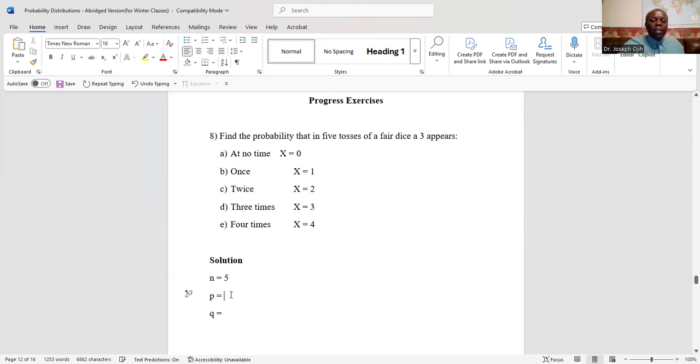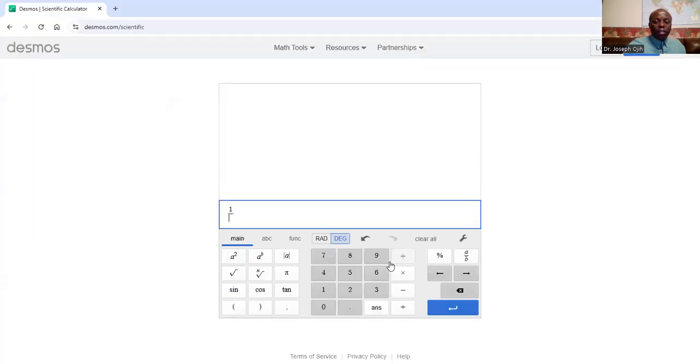Now P. For a coin, oh, this is a dice, not a coin. The probability of any outcome is 1 out of 6. On the calculator, 1 divided by 6 is 0.1666, that means 0.167.